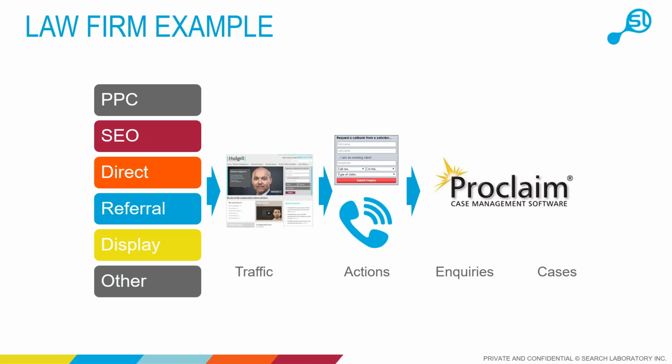There are a lot of campaigns driving traffic to the website, so it's very important to understand what business they're generating. It's a lead generation website. Ultimately, we want them to complete a form or phone up, and we call those actions. Once an action has occurred, a lot goes on after that.